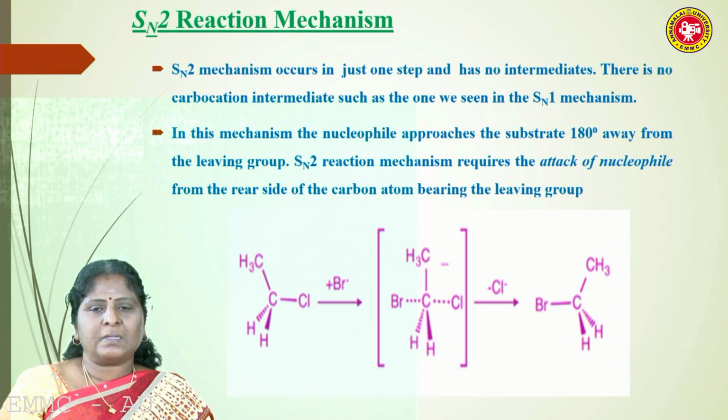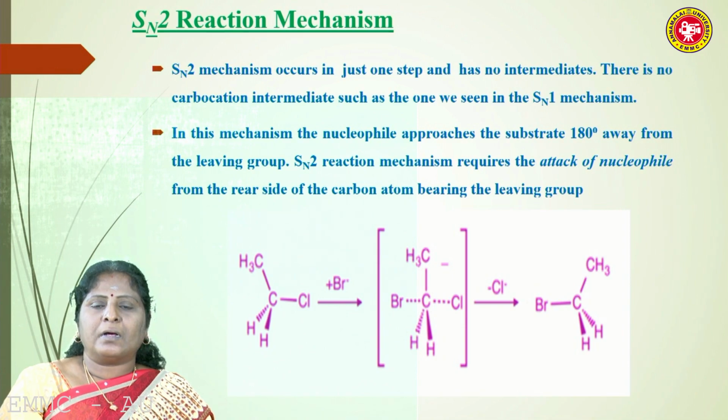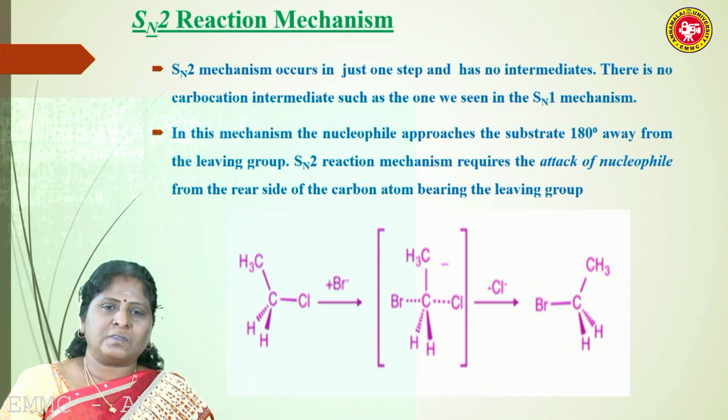This is because the nucleofuge as well as the nucleophile have the same charges, so electron repulsion is possible. Just to avoid that electron repulsion, the nucleophile Br minus approaches the carbon bearing the leaving group only from the back side.